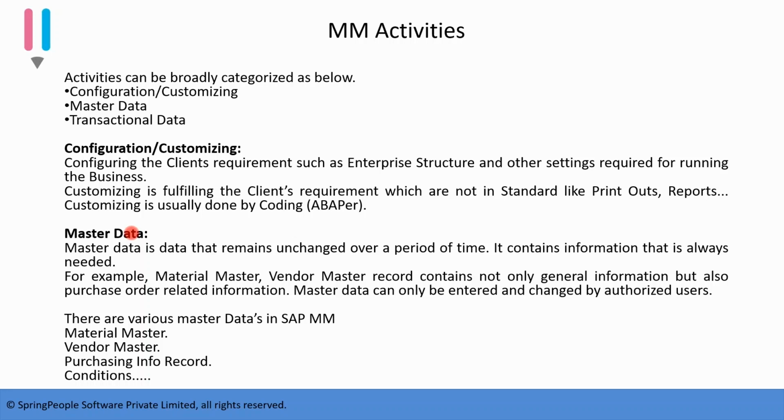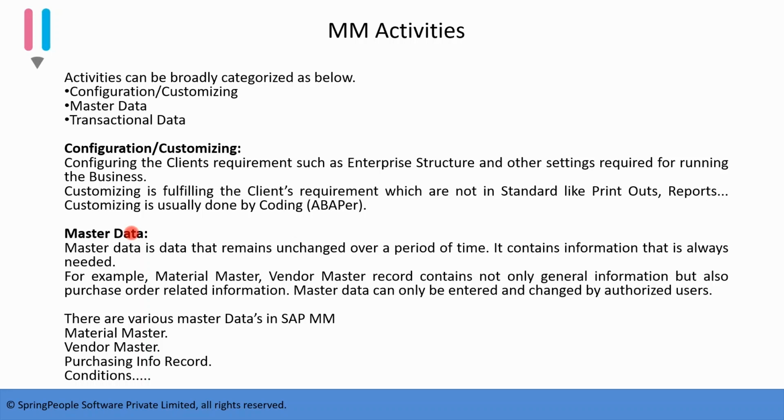So this kind of data, where there is no change for a longer period of time, is called master data. Your material is master data. Your vendor, that means from whom you are going to buy, is master data. Your supplier doesn't change that frequently.